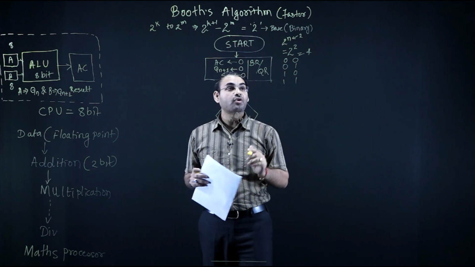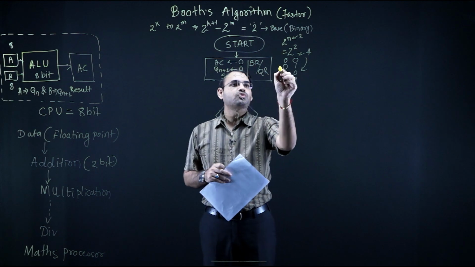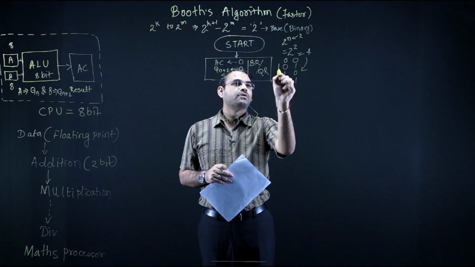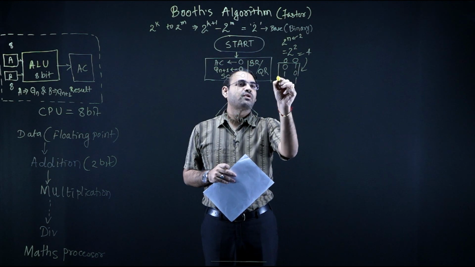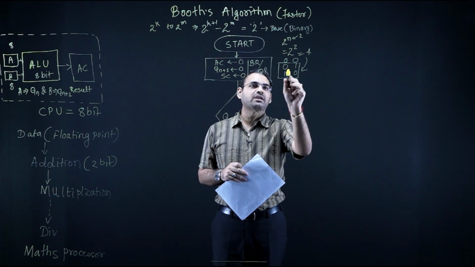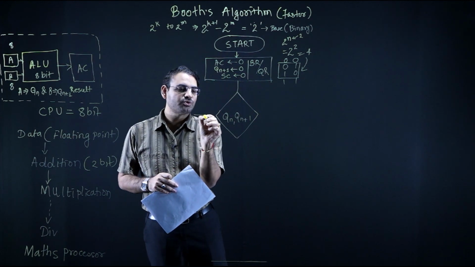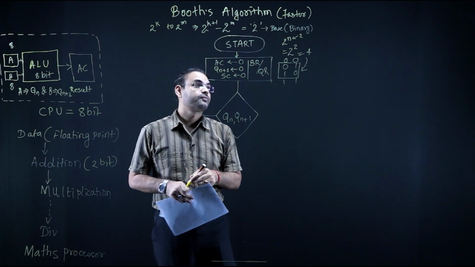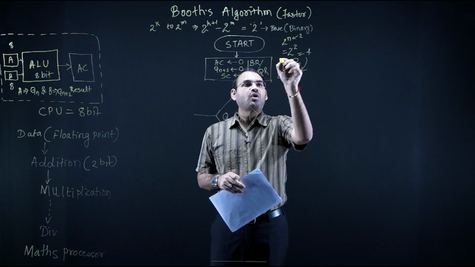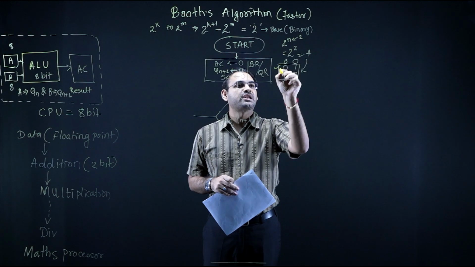These are my 4 values. My concentration is to solve only the two values 0 1 and 1 0. I will not select 0 0 and 1 1.